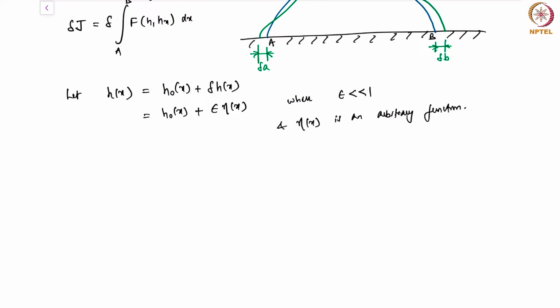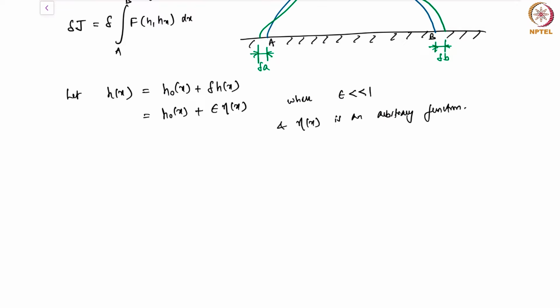Alright, so far we are following the procedure that we had followed in the case of the static meniscus derivation, and also in the introductory variational approach lecture that I had given.